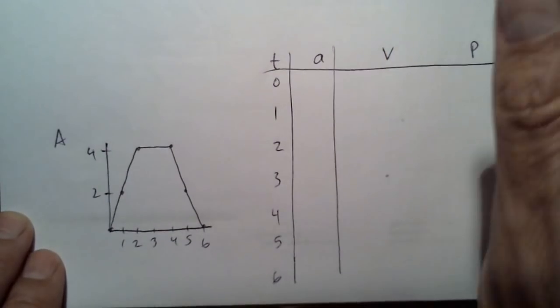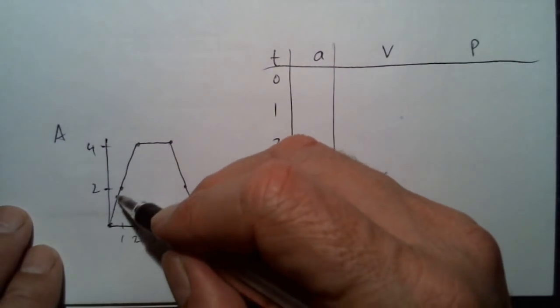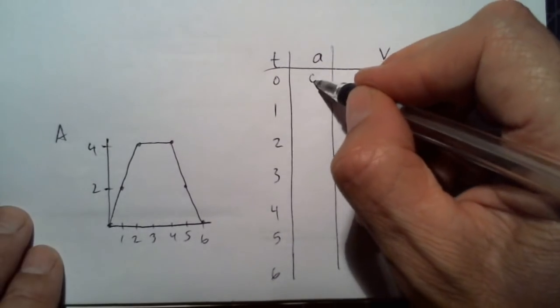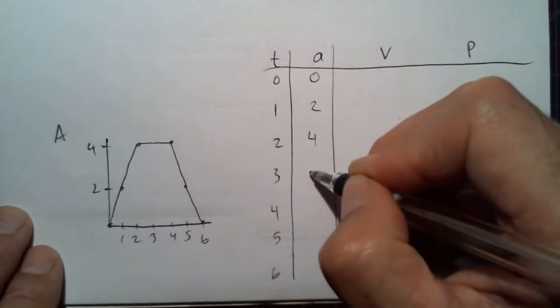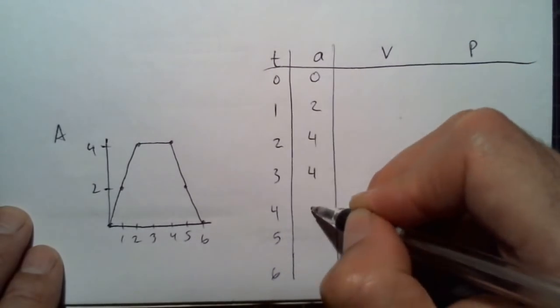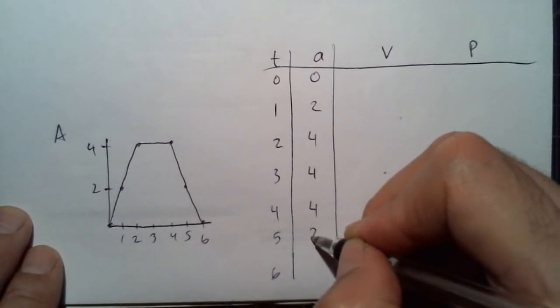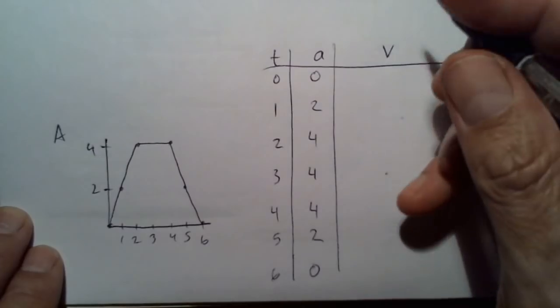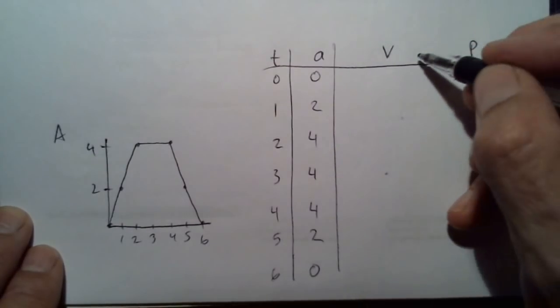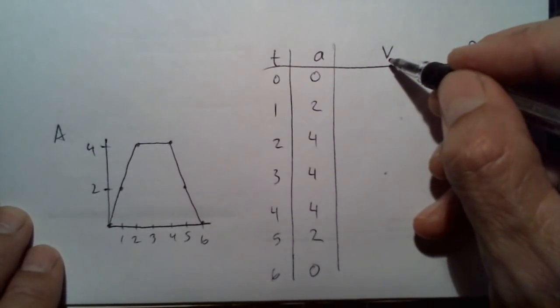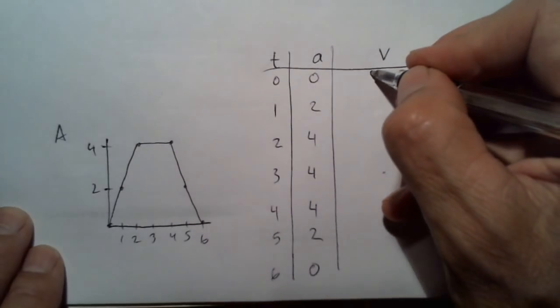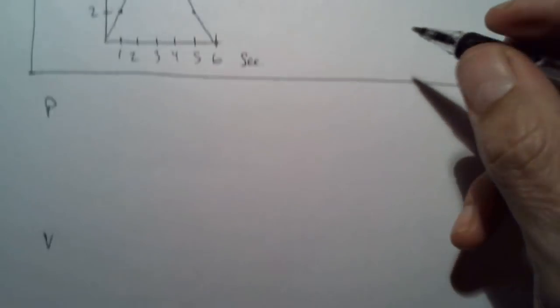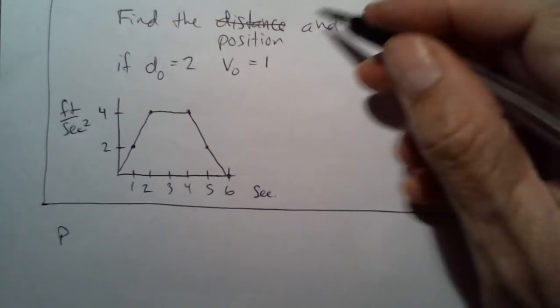Acceleration are just the y values of this graph, so 0, 2, 4, 4, 4, 2, 0. And velocity. We have the initial velocity is 1 at time 0, and that was given in the question.